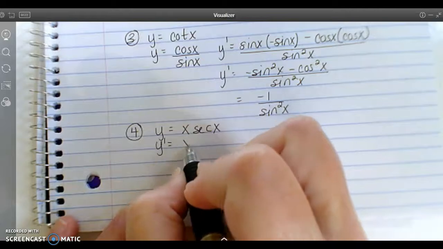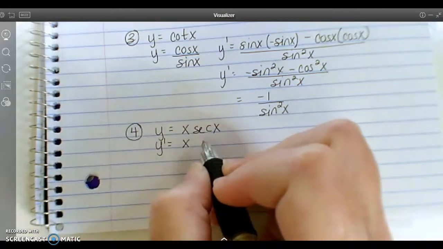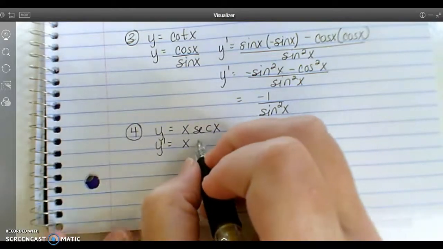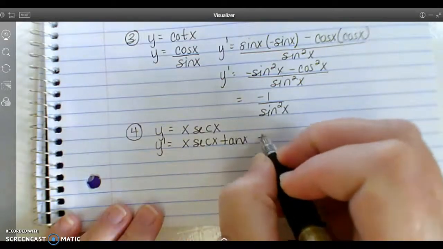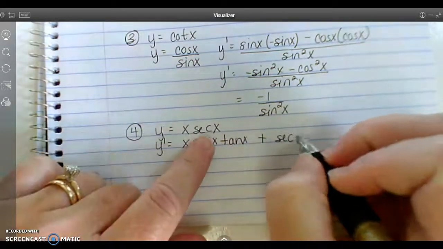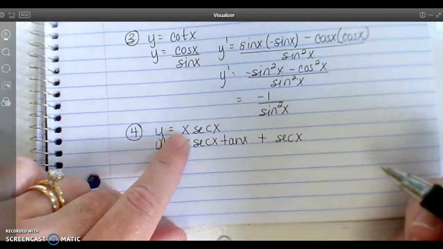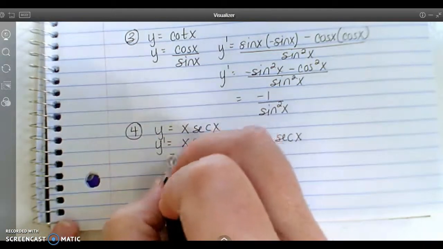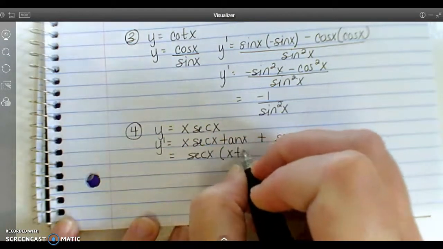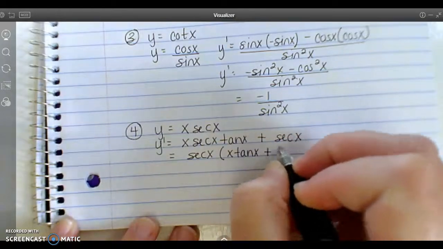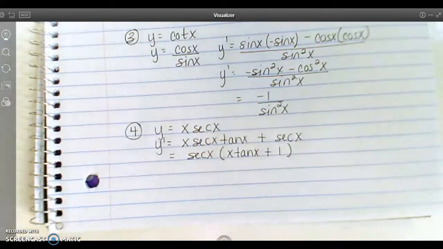And so we have first times the derivative of the second. The derivative of secant is secant of x times tangent of x, plus the second times the derivative of the first, which is just 1. If there's something in common, go ahead and factor it out, which in this case there is, and that's what you would get for that problem.